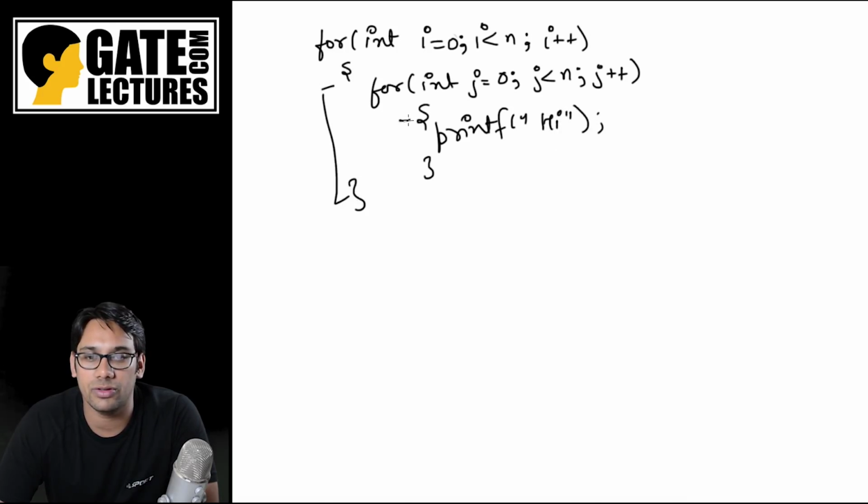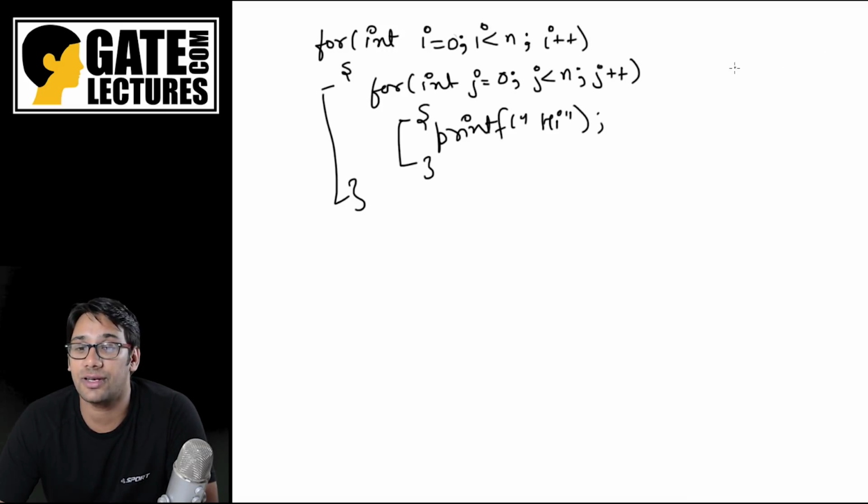Then what will be the time complexity for this program? When I say time complexity is given by the number of statements which are being executed, and more precisely, it is the rate of growth of this number of statements.